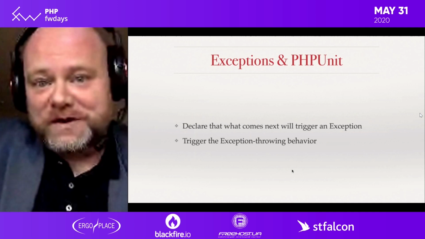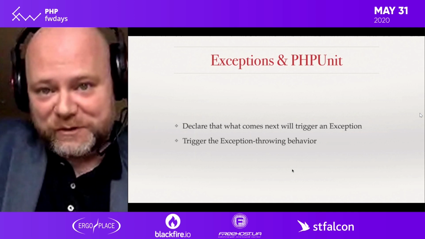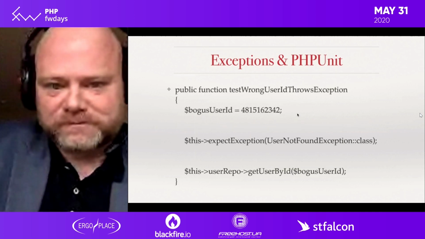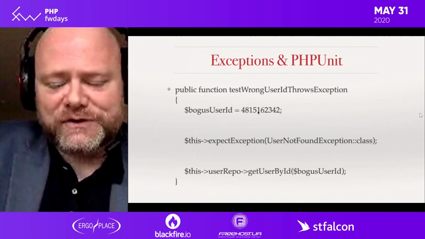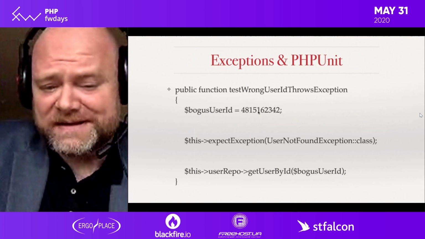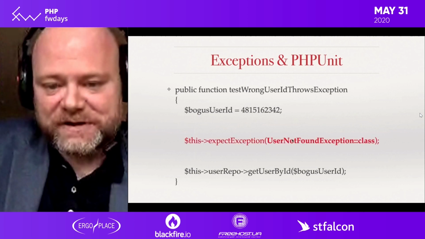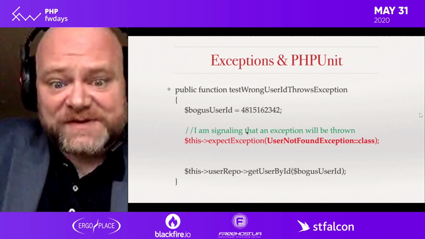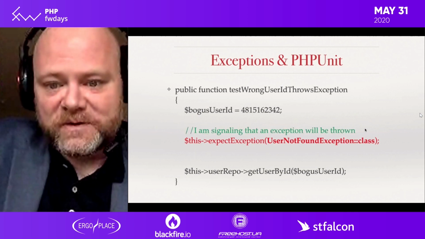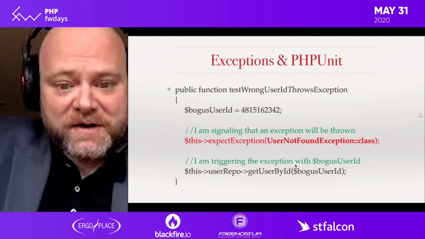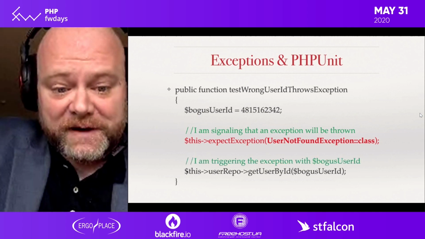And when you have these two conditions met, then your test is going to pass. So let me show you a code example. So I'm going to have a bogus user ID, which does not exist in my system. And I'm going to say expect exception. So I am signaling that an exception will be thrown. And then I am triggering the exception with the bogus user ID.